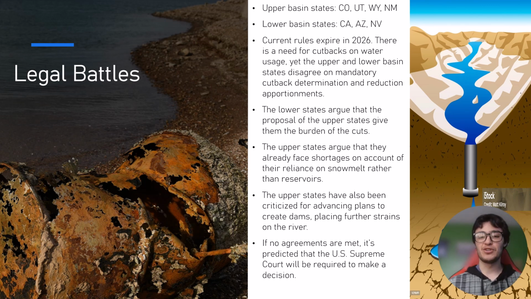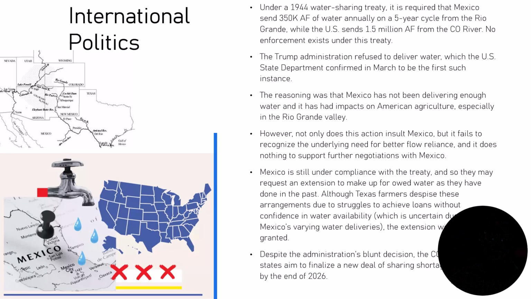And so there's this trouble right now with some of them not even trying to meet. They're both claiming that they're trying to meet, but not really. And so the lower states are arguing that the upper states' proposals are going to give unfair burden to the lower states with the water cuts. However, the upper states argue that they already have shortages based on their reliance on snowmelt. And so both sides are picking at each other and they're really not reaching an agreement.